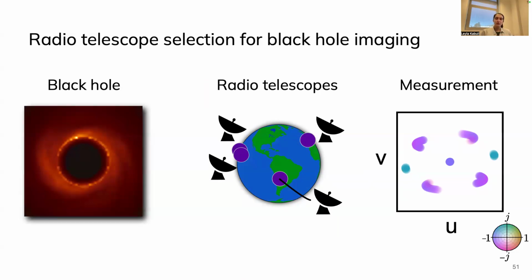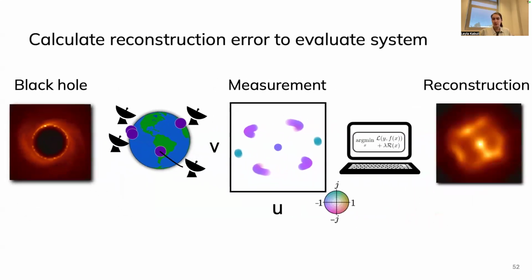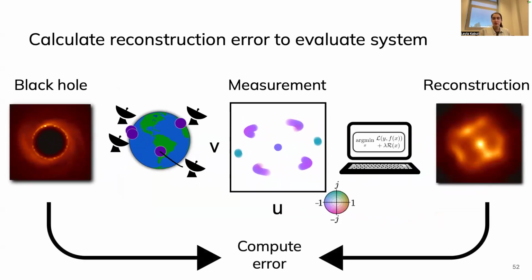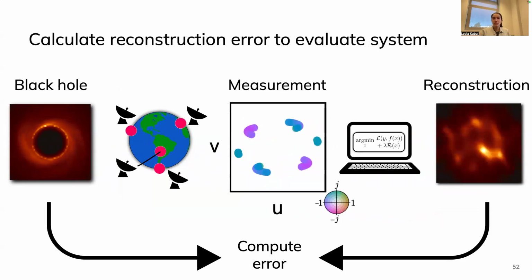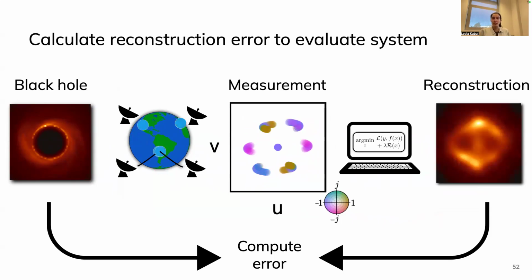And the open question here is, where should telescopes be placed on the Earth if we want to best image black holes? We could evaluate this with reconstruction. We could decode the measurement and then look at the error between the reconstruction and the simulated black hole. And we could then repeat this for every single telescope configuration that we're interested in and pick the one that has the best quality reconstruction, the lowest error.